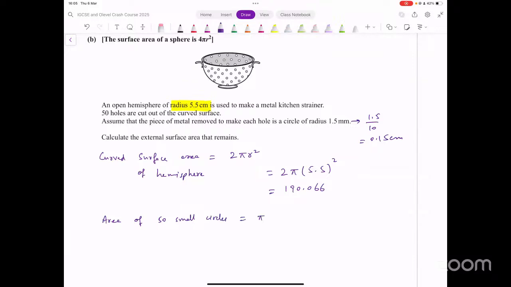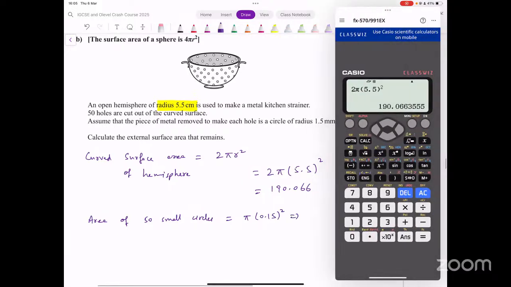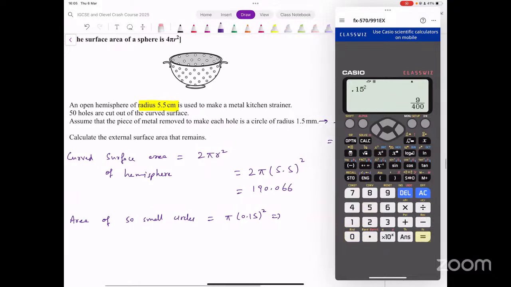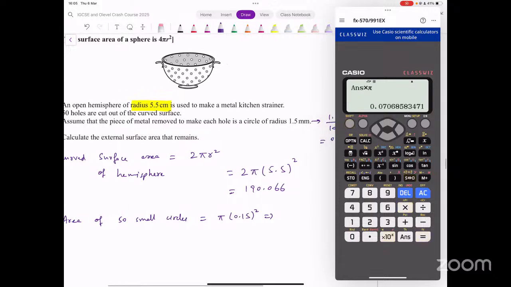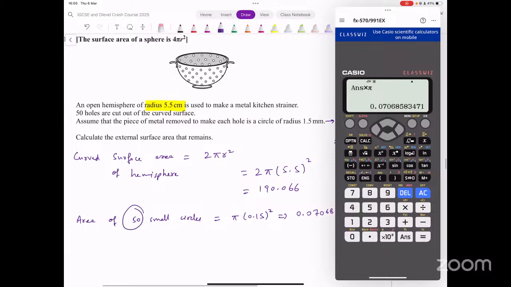Let's see what this turns out to be. Pi r squared, right? So pi into 0.15 whole squared. 0.15 squared times pi, that is 0.070686. But we're talking about 50 small circles.